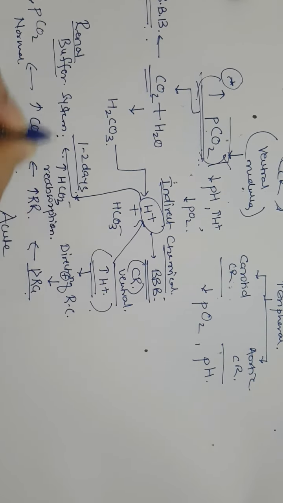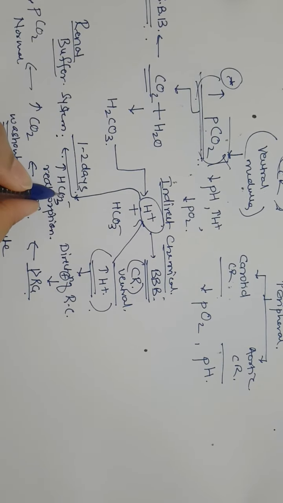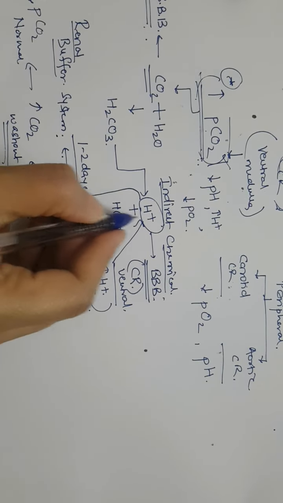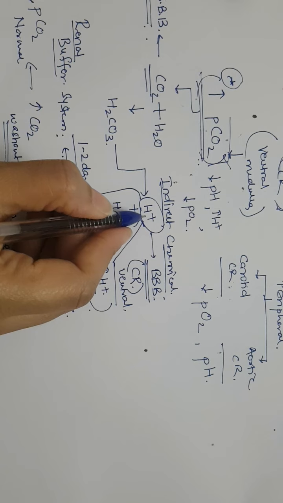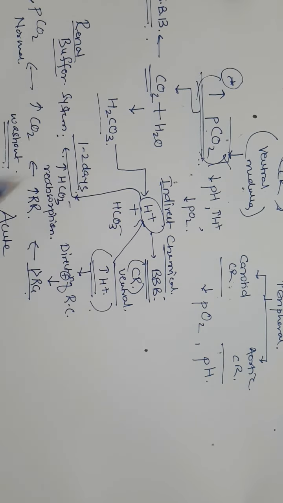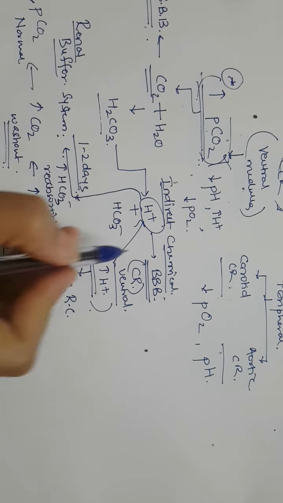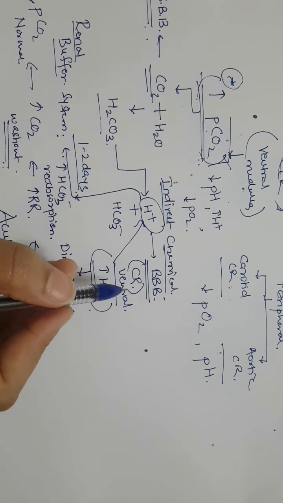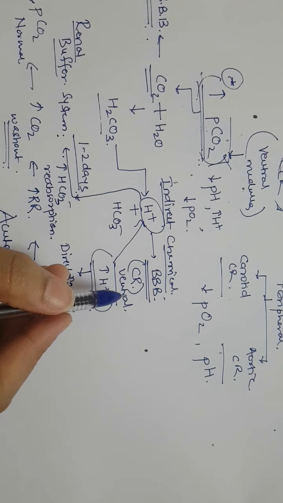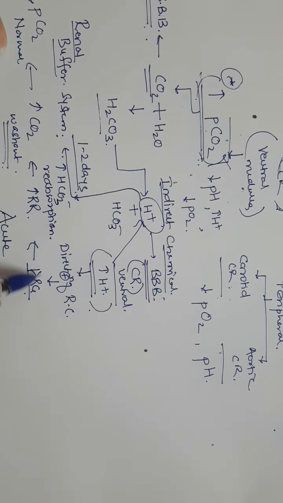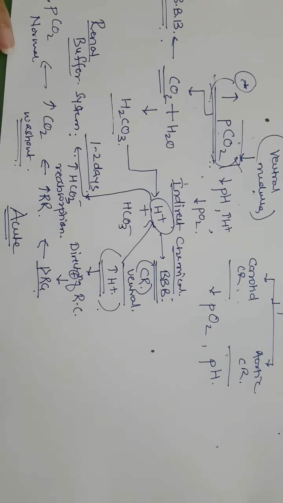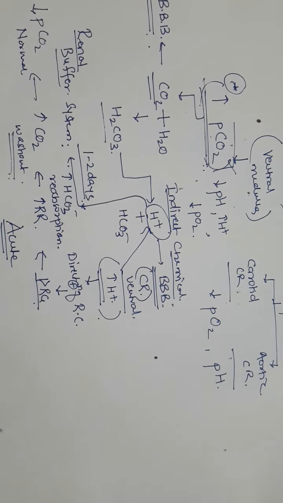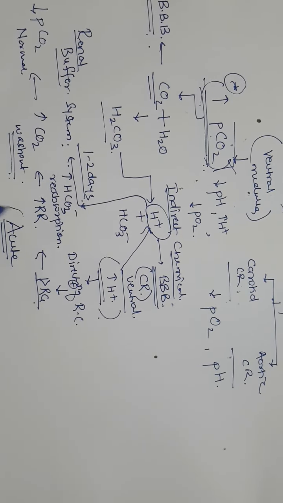So in the renal system, there will be an increase in reabsorption of bicarbonate, which will combine with these hydrogen ions and form carbonic acid, so there will be less hydrogen ion concentration in the cerebrospinal fluid and the respiratory rate will come back down. Okay. So this is for the acute condition.